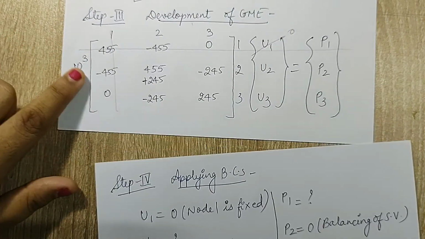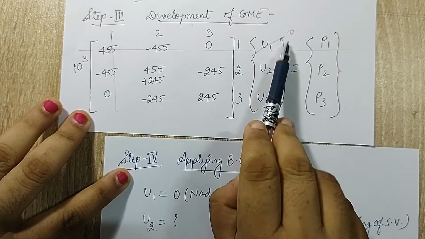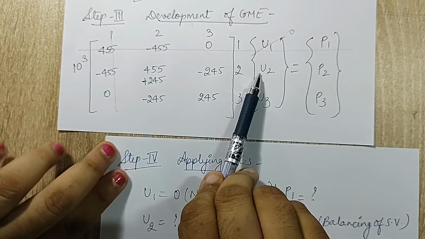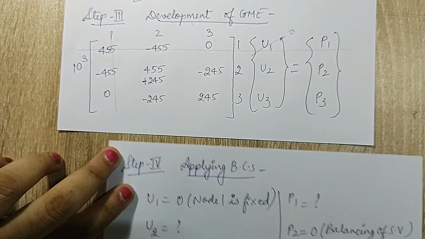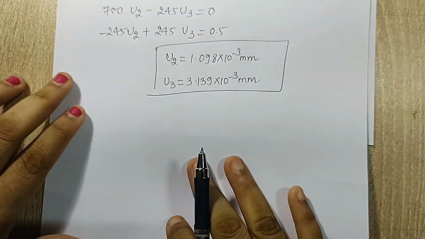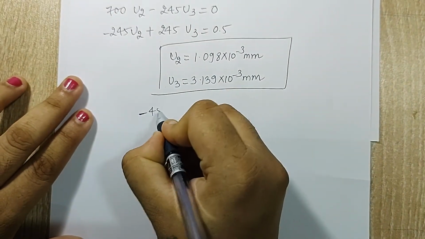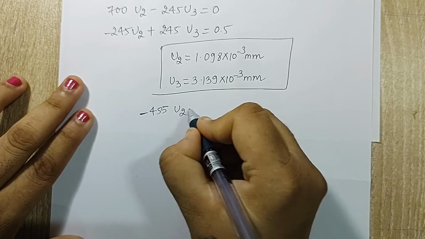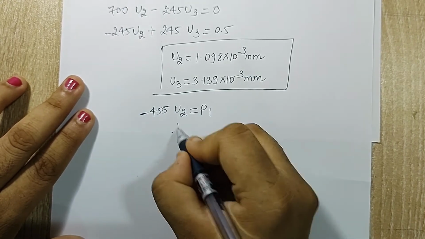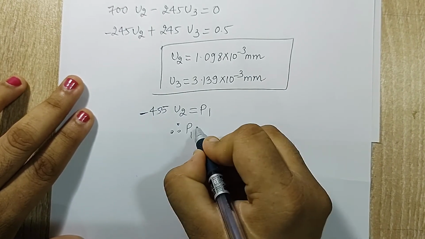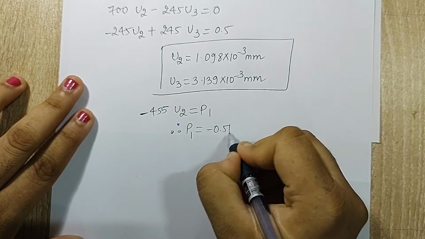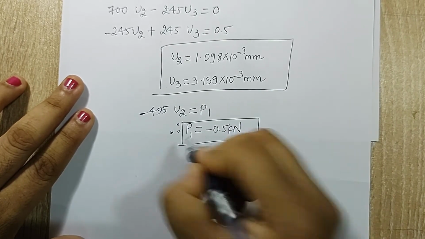I'll revisit this equation. The first term is 0. It will be minus 455 U2 is equal to P1. So I'll write down minus 455 U2 is equal to P1. Therefore my value of P1 is minus 0.5 kilonewton.